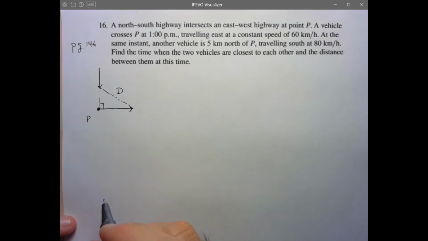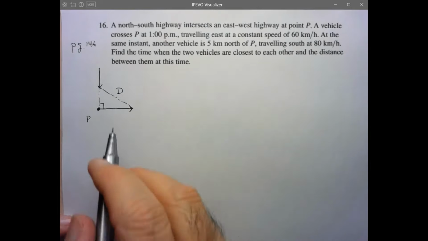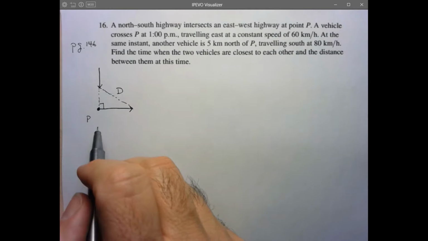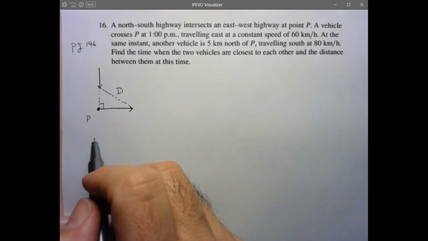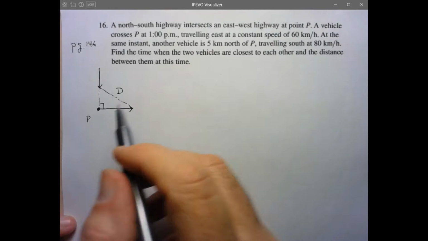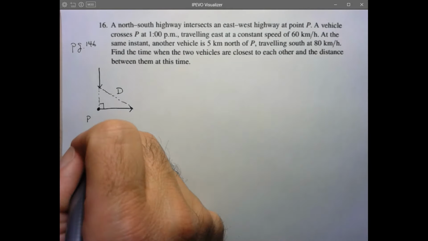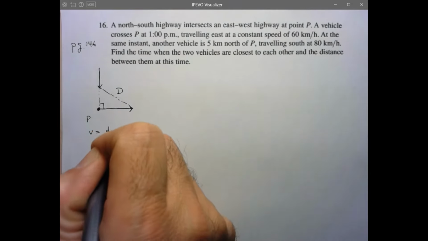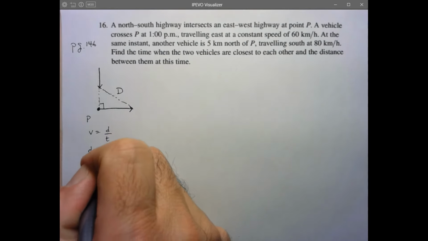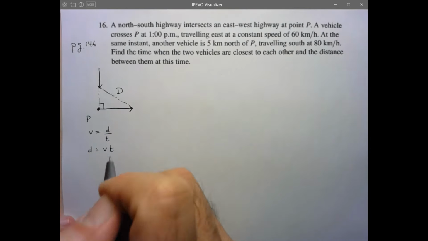All right. So the question is how can we describe these two sides to connect it to the distance that we're looking for? Well, this is where we're going to use the fact that the cars are traveling at constant speed, so we know that the speed is equal to the distance over the time, so the distance is given by speed times time.